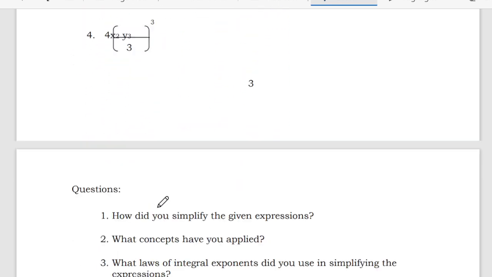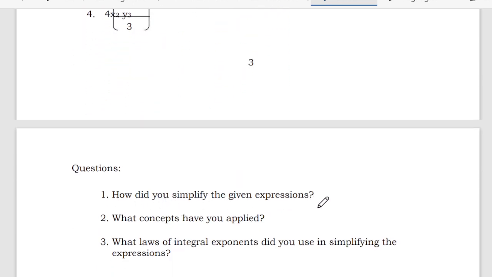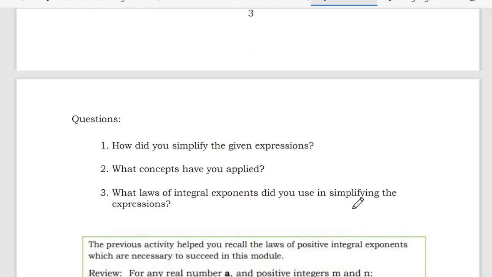How did you simplify the given expression? You can explain it in your own words. What concepts have you applied? What laws of integral exponents did you use in simplifying the expression? Just answer these questions here.